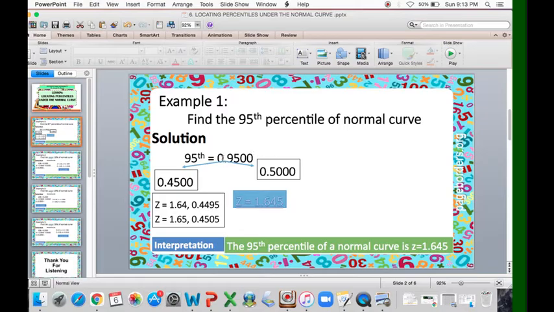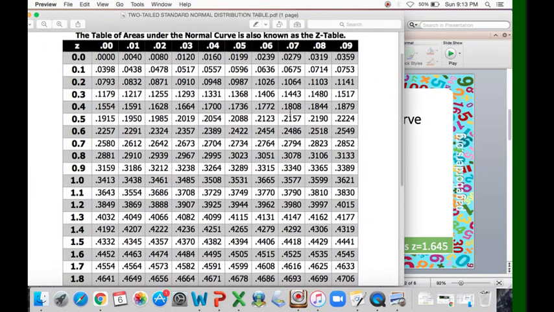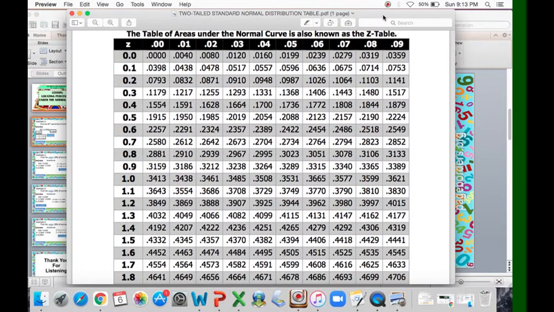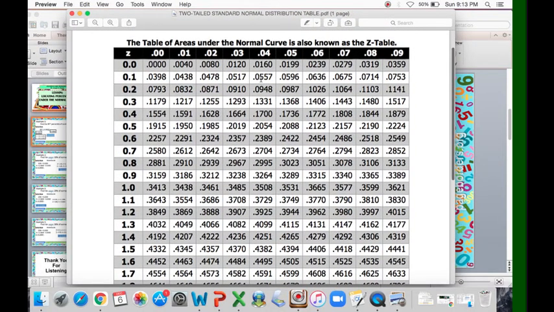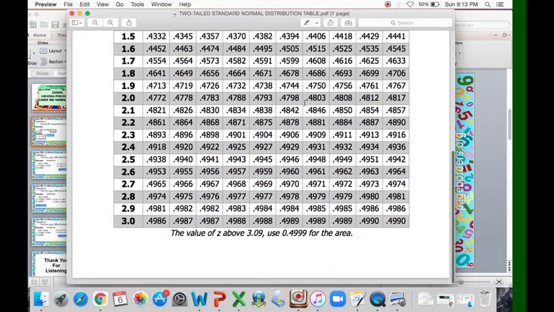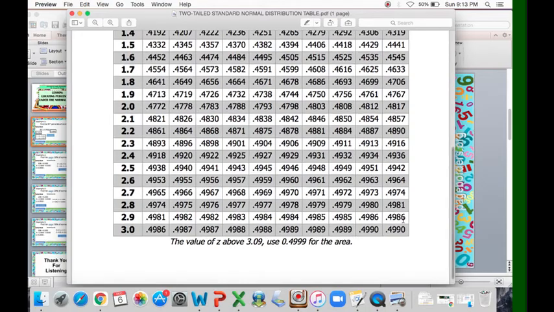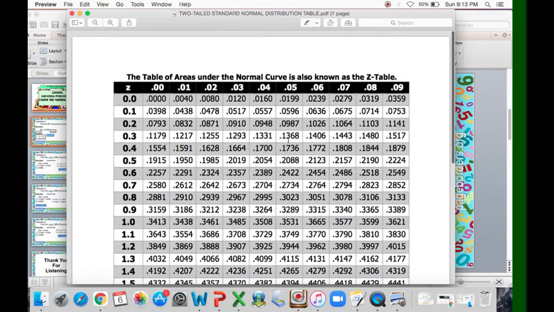Now, there is no 0.9500 in our table because I am using a two-tailed standard normal distribution table. Since I am using this one, the highest value that we can have is 0.4999. So we cannot have numbers greater than this. So kapag lumagpas doon, we will subtract it from 0.5000.